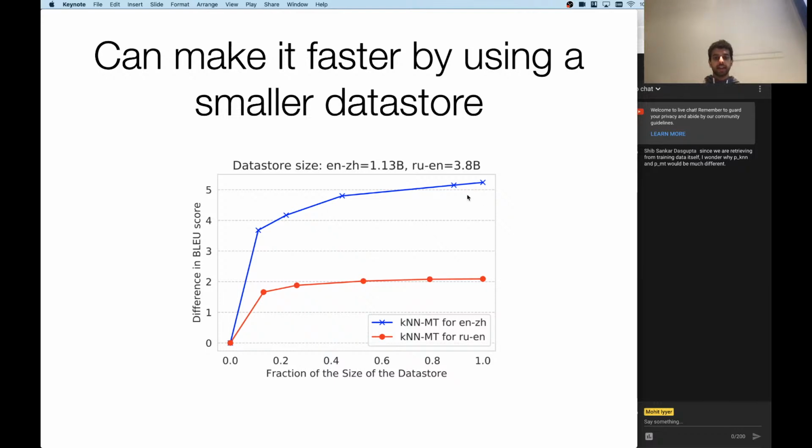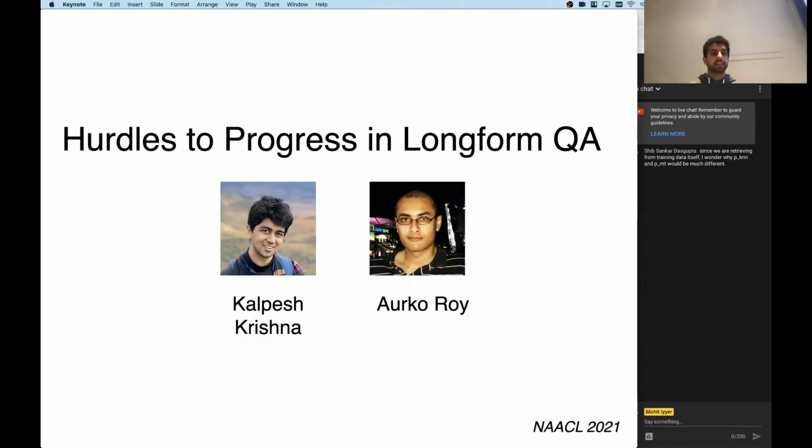For English to Chinese, the curve is still going up as you add more and more things, but you can get a large chunk of this gain with a data store of just 20% of the size of the final one, which is 1.13 billion. That's basically the same with Russian to English as well. So there's probably some point at which you can truncate your data store and still get most of the gains. Perhaps this could be made even more promising by intelligently selecting what goes into the data store rather than just randomly downsampling as they did here.